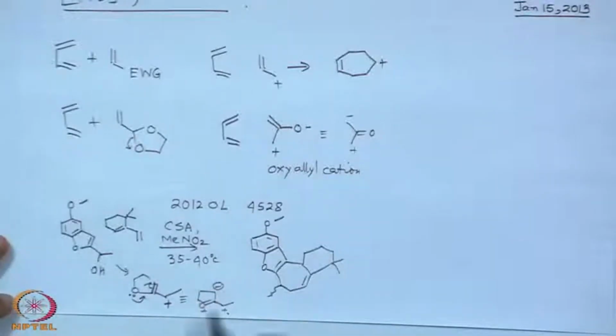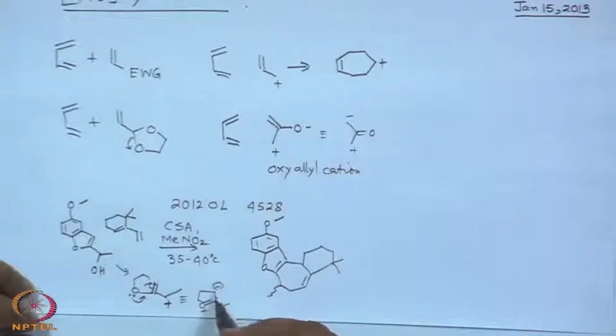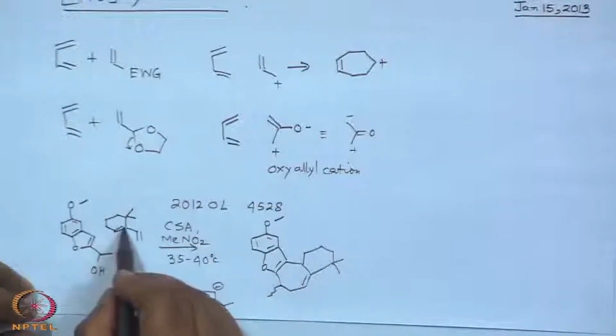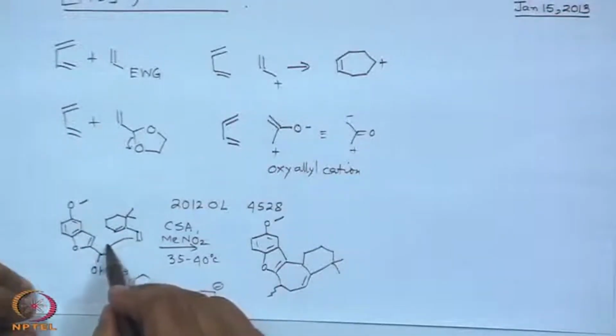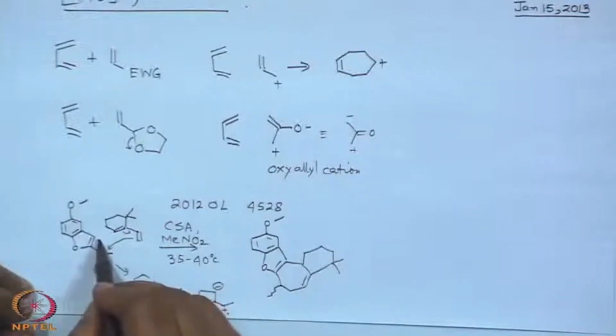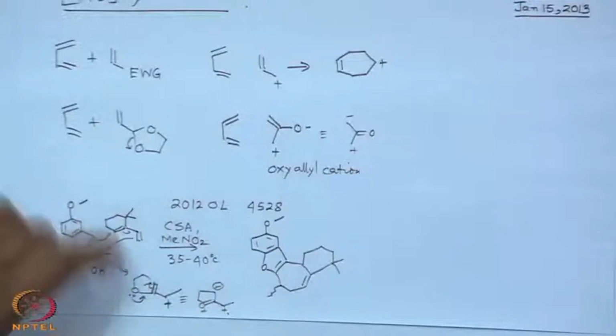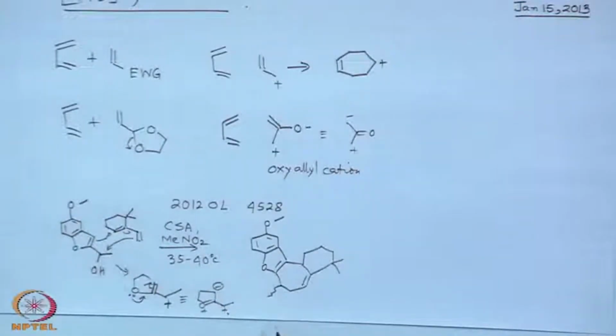And then 1, 2, 3, that means a 3 atom dipole. It is not truly a dipole, but in this case it is a tripole, you can say. And then of course, you have this cyclohexadiene part, and that would undergo reactions as you can see from here, the double bond would participate, this would migrate, and this negative charge would combine with this other end, eventually giving the 7-membered ring.